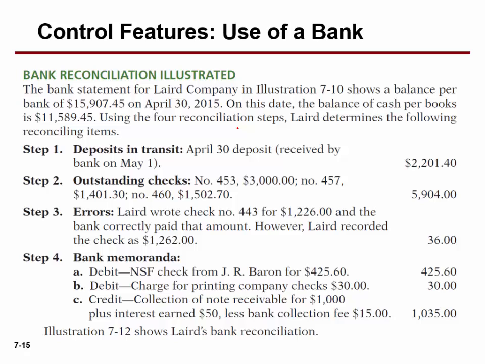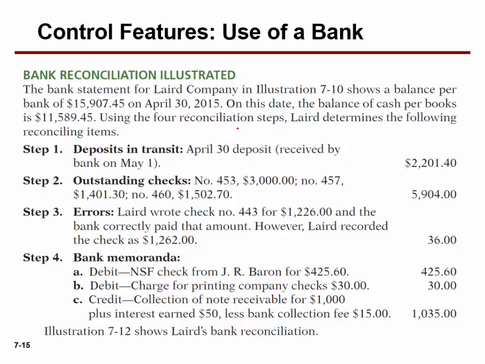Okay, but what happens? We just go through, guys, with these reconciliations and in the questions that we're going to look at in a couple of minutes, they're not going to make you do both because it would be anticlimactic. They're going to give you one or the other. They're going to give you the book balance, and you're going to have to adjust the book balance for things that the bank knows about that the company doesn't.